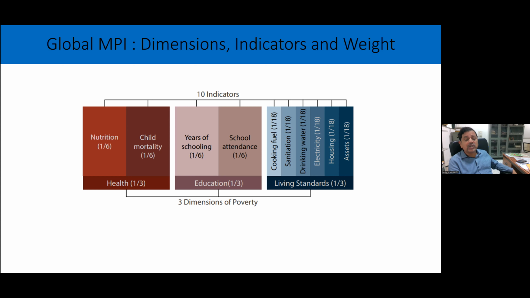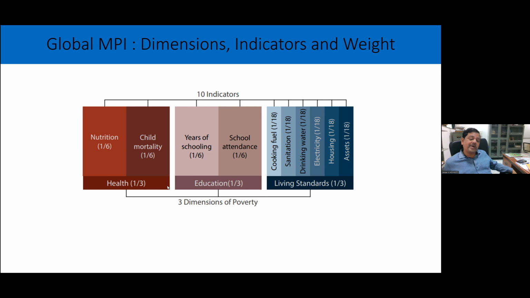In total it uses 10 indicators. It uses a very simplified methodology: it gives equal weight to each domain, and it gives equal weight to the indicators within each domain.